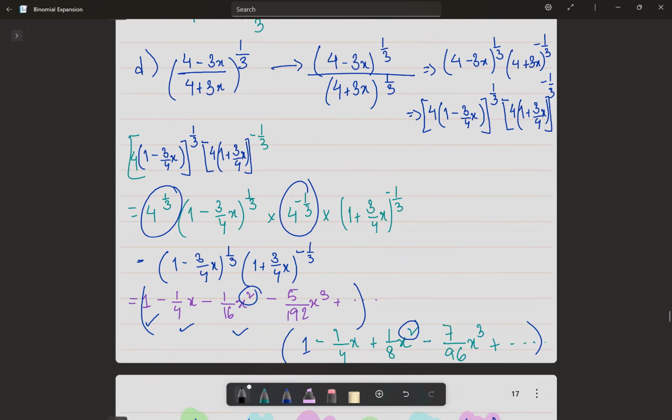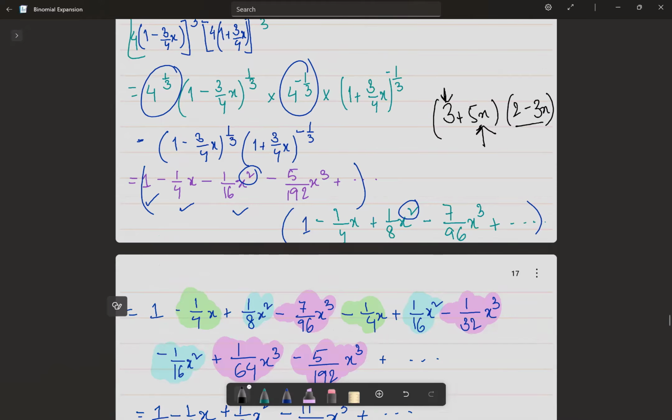We know when we have terms like, let's say, 3 plus 5x and 2 minus 3x, we first pick one term, multiply both of these with this term, and then we pick one term again from here and multiply both of these with that term. So we did the same thing. We picked 1 first and multiplied all of this with 1.